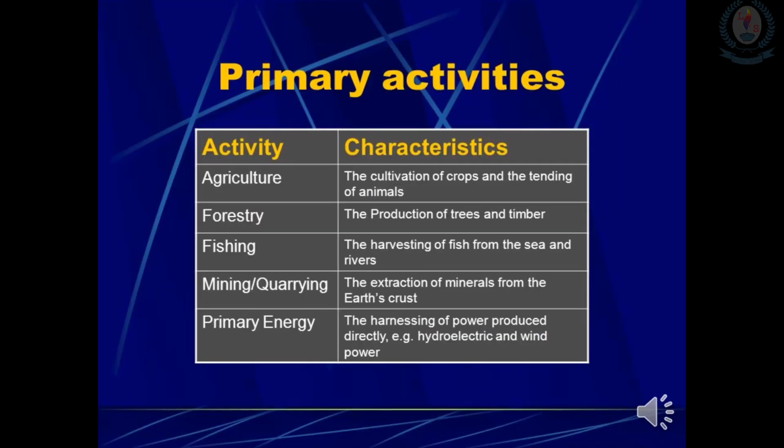Children, here are some primary activities and their characteristics so that you all can understand more about the primary sector. What are the activities? Agriculture, forestry, fishing, mining and quarrying, primary energy. What are the characteristics of agriculture?